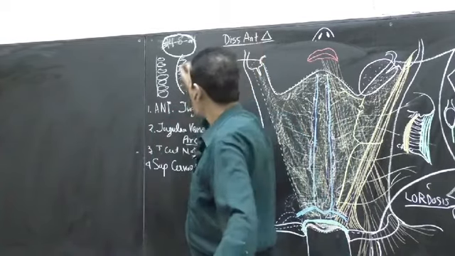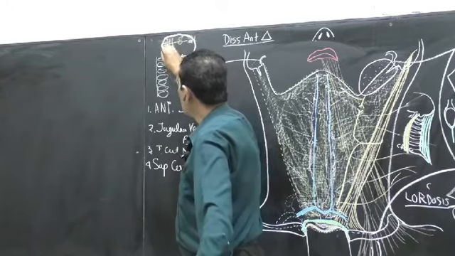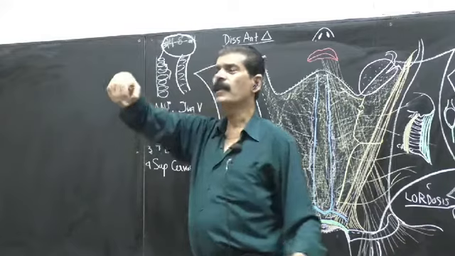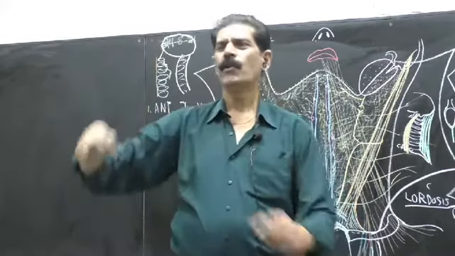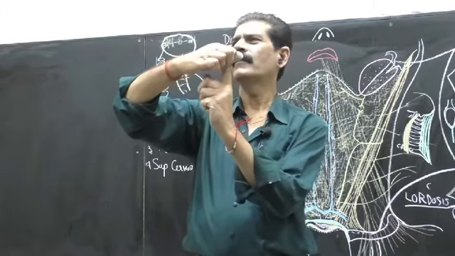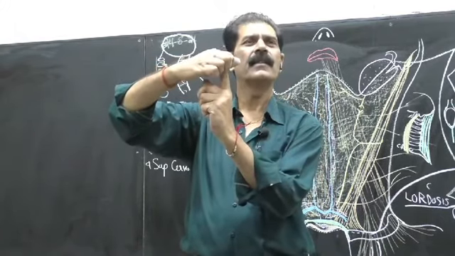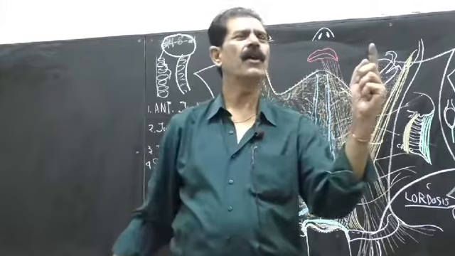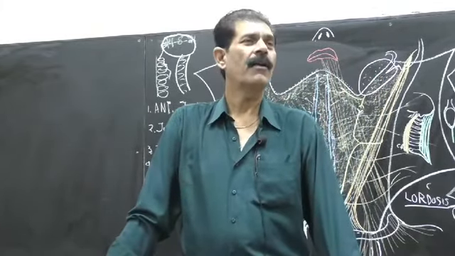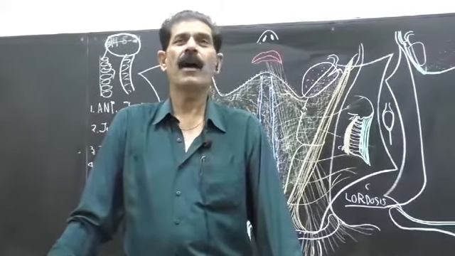So it takes 2.5 months to hold the head of the baby on the neck. So this is a physiological curvature to accommodate the weight of the head and the face. So this is the reason for cervical lordosis, 2.5 to 3 months.